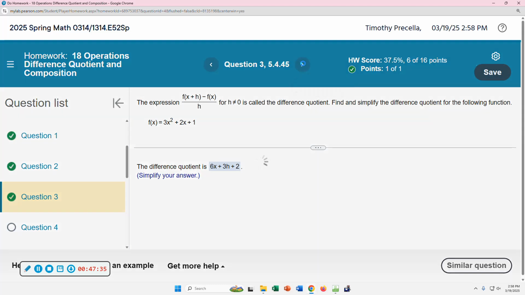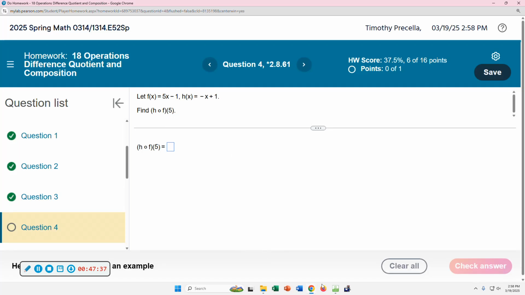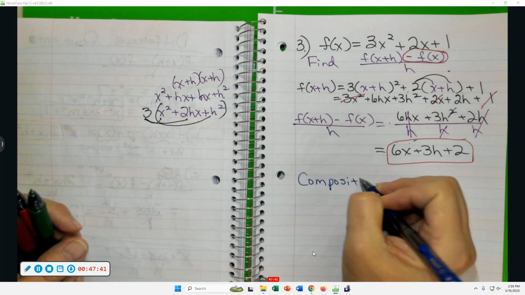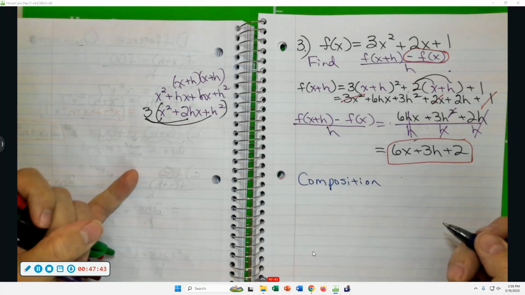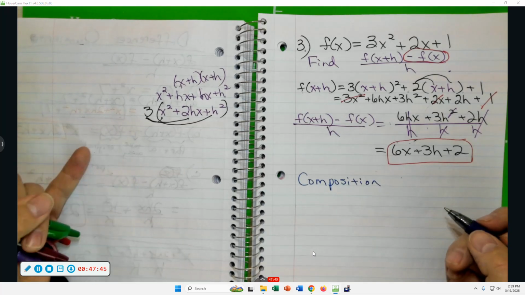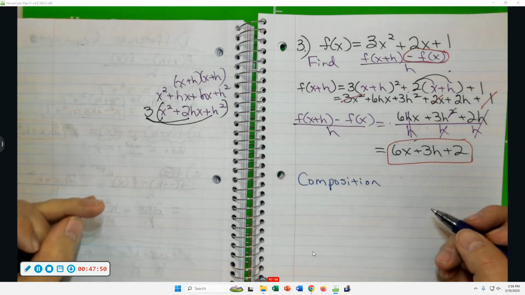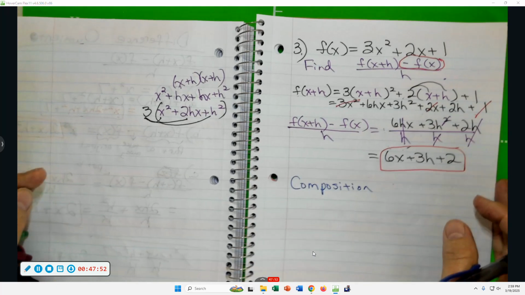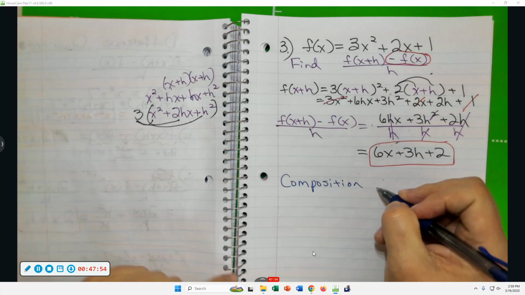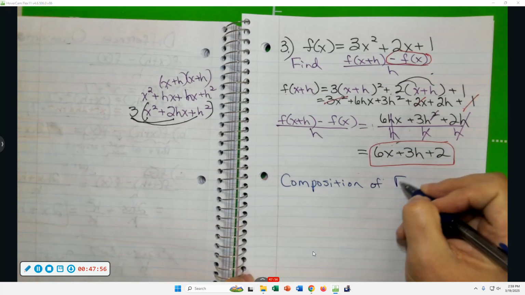There are 3 topics in this class. Addition, subtraction, multiplication, and division, the operations. There's difference quotient. Now we're ready for composition of functions.